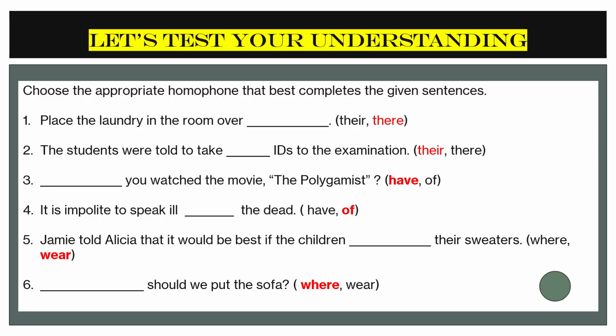OF. And then Jamie told Alicia that it would be best if the children wear WEAR their sweaters. Question 6. Sorry, not where, but where should we put the sweater? WHERE.